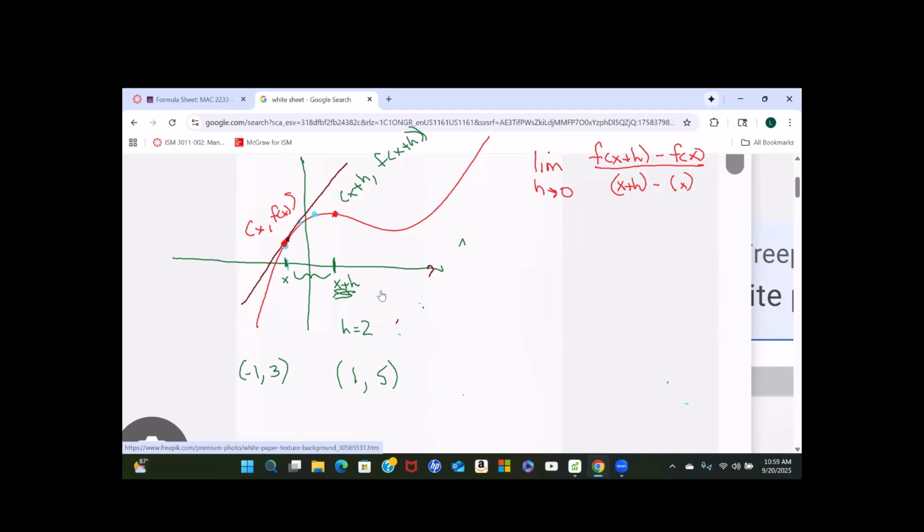Because I'm 2 away from the old value. That's what h is. But I can make h 3, and then I would be at 2, comma, some number, right? I'm just making it up. I want it to be some distance away from the original point. I don't want to name the amount it is away. So I'm going to have my x, and I'm going to have my x plus some value.